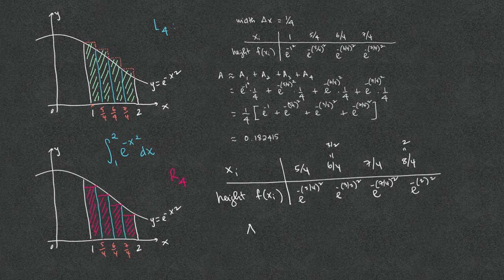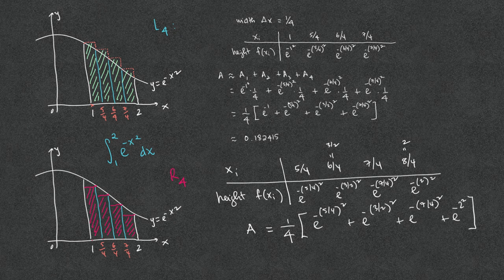We then add up the areas of each of these, where the area is the height times the width, but since we have the same width, we factor out the width just like we did earlier. We factor out the width so that we can add the heights inside the bracket: e to the negative 5 over 4 squared plus e to the negative 3 over 2 squared plus e to the negative 7 over 4 squared plus e to the negative 2 squared.